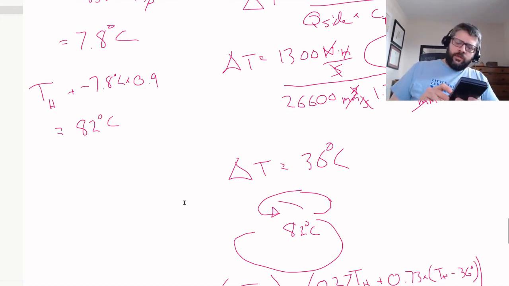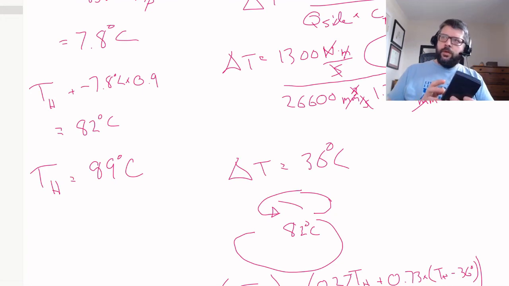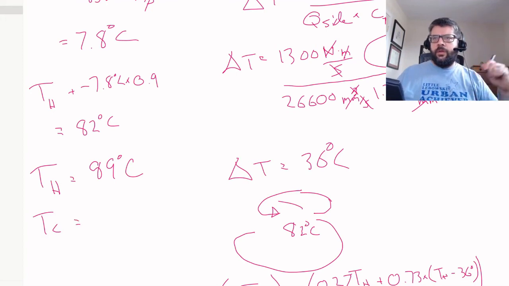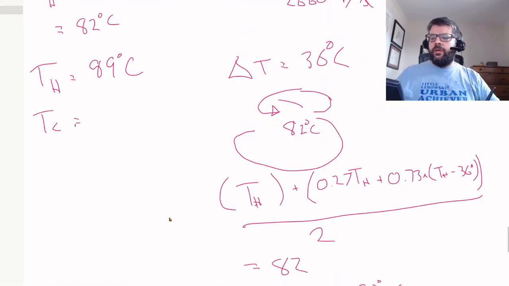That gives us a TH of 89 degrees Celsius, and therefore our TC is equal to 81 degrees Celsius.